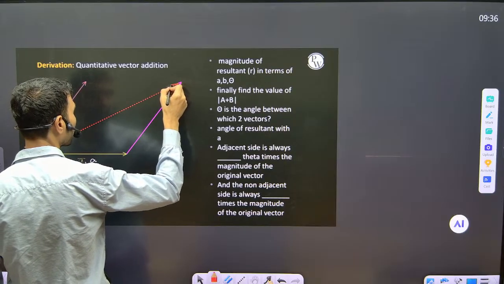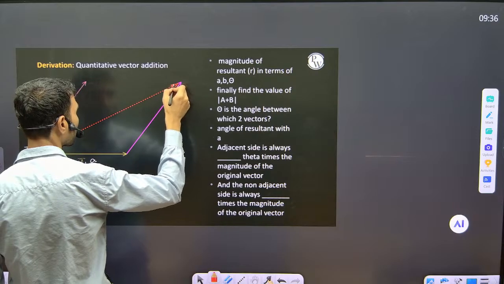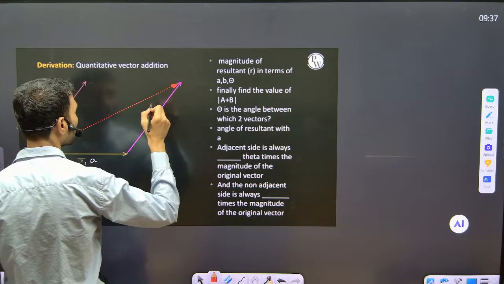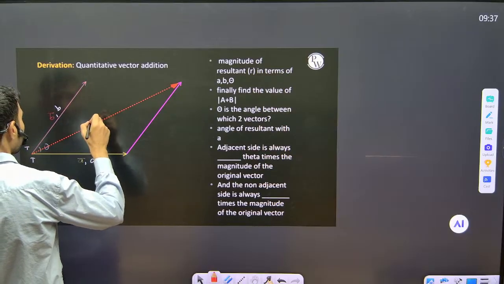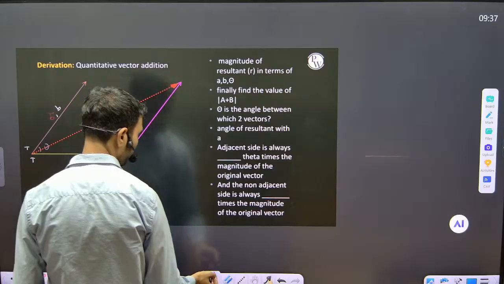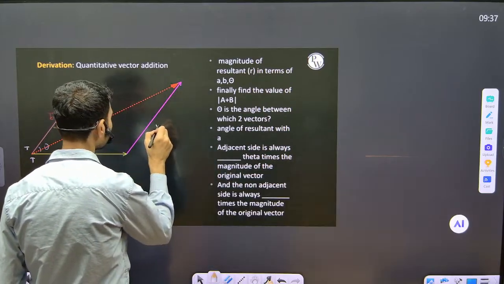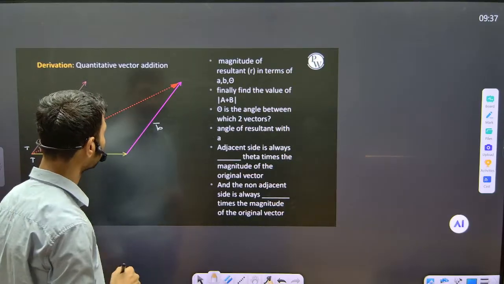There is the arrow. I will call it the sum vector. The A vector, B vector, and sum vector. Right?